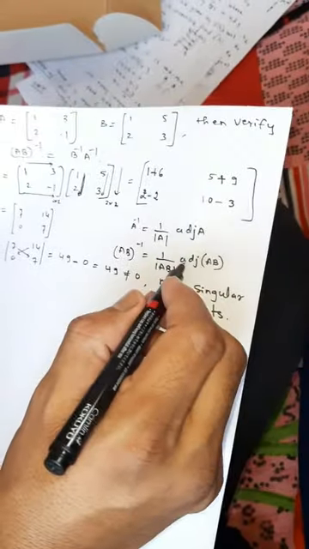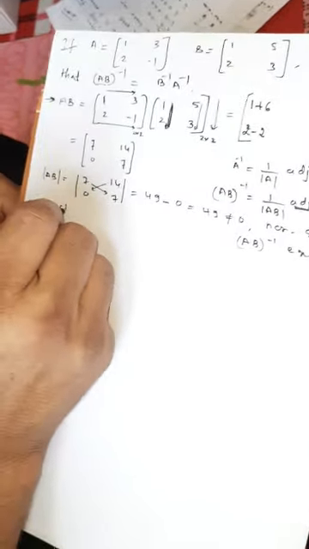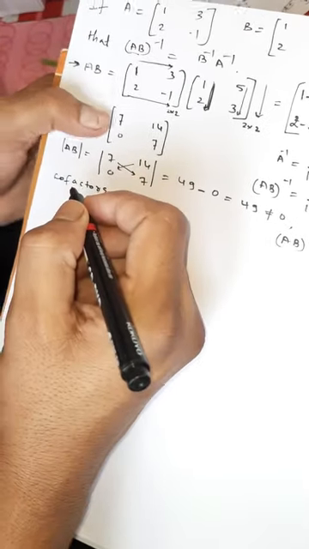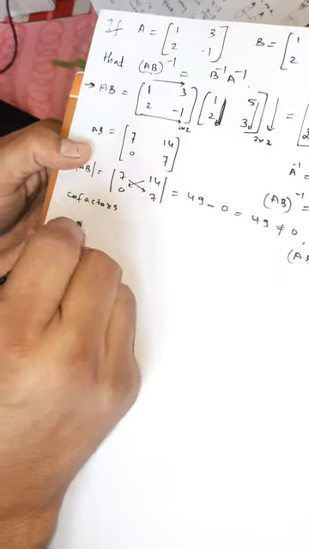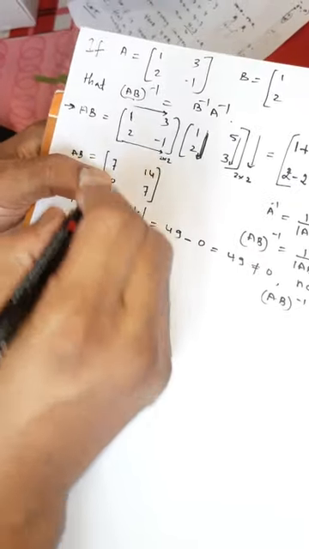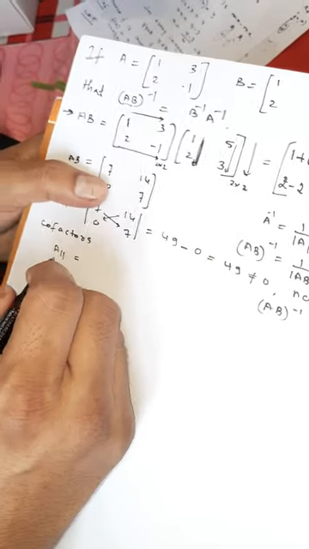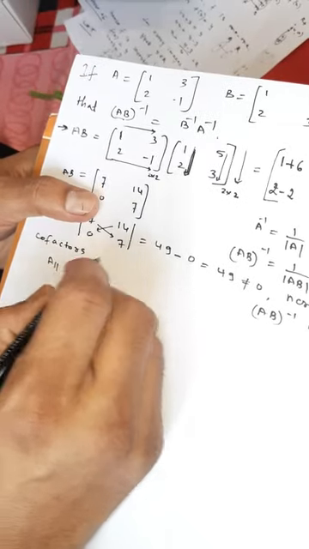Now we require adjoint AB. So for adjoint we want the cofactors. So we find the cofactors of the matrix AB. The first cofactor, of 7, is got by deleting the first row, first column, and here the sum of suffixes 1 plus 1, 2, is an even number, so multiply by plus 1.